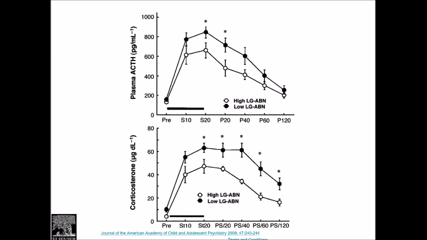Now, if you take the baby rats away from the low licking mother and give them to a high licking mother, then epigenetics leads to those rats having a moderate stress response, and they apparently avoid being anxious, for lack of a better word. But you must do this within a certain critical period. If you wait too long, it's too late, and the rats are doomed to have this exaggerated stress response.